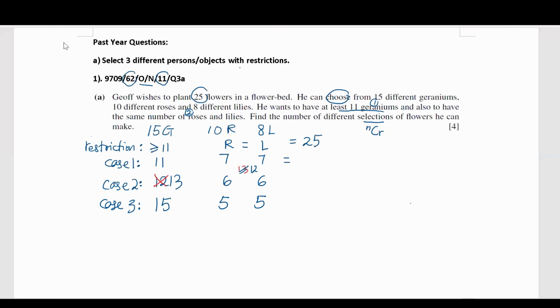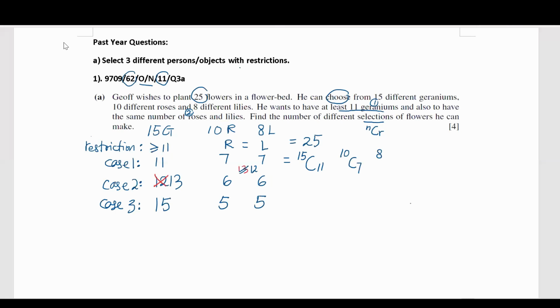So refer to case 1. There are 15 different geraniums, and we need to select 11 out of them. Hence, the total ways we have will be 15C11. All right. As for roses, there are 10, and we need to select 7 from them.